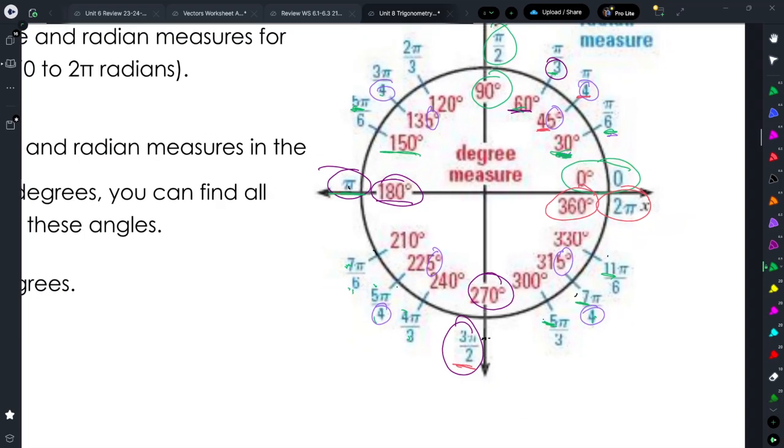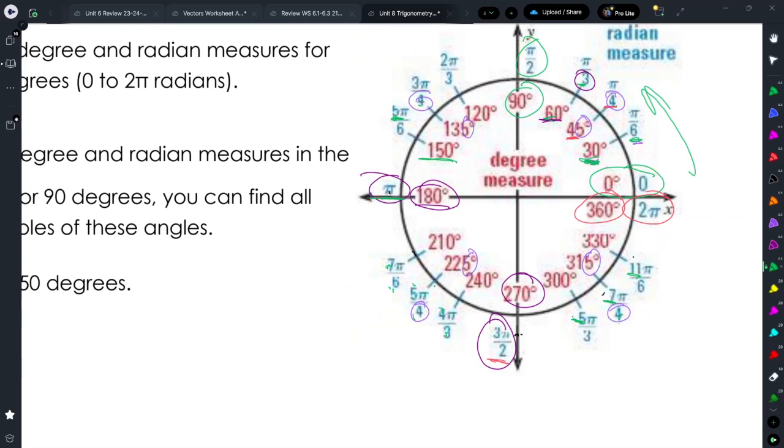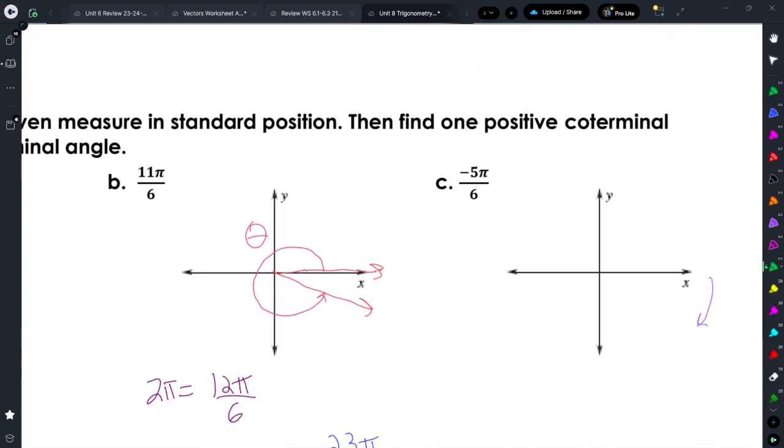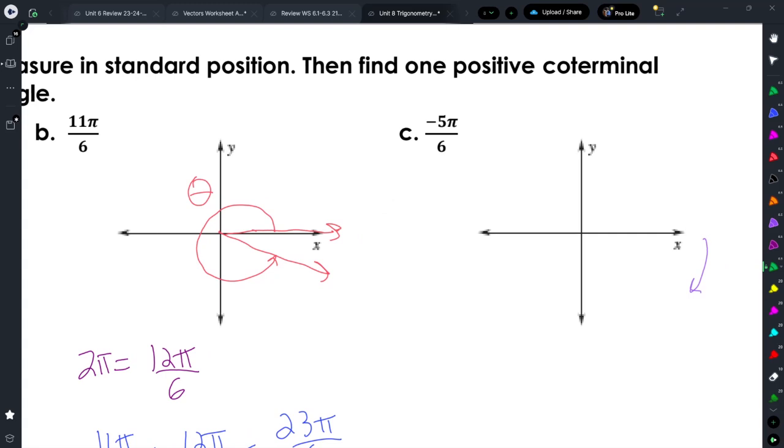If I do half a circle, it doesn't matter if I go this way or if I go that way, I still end up here. So this negative 5 pi over 6, I'm going to start in the positive x-axis, and it's almost going to be a half circle going this way. So that's going to be my theta.